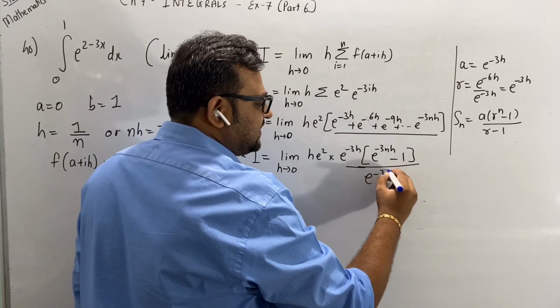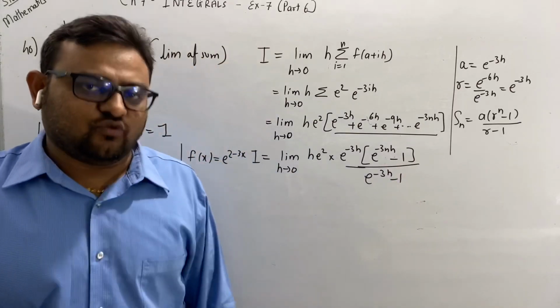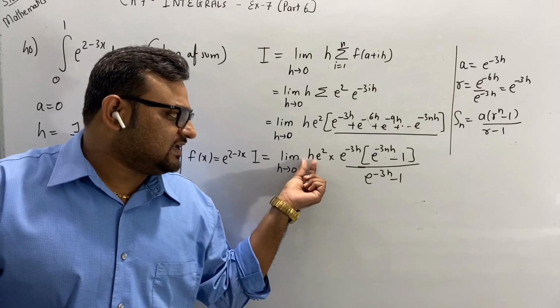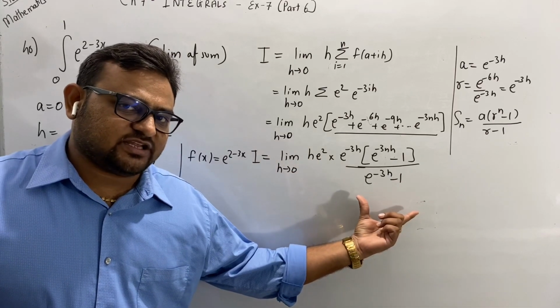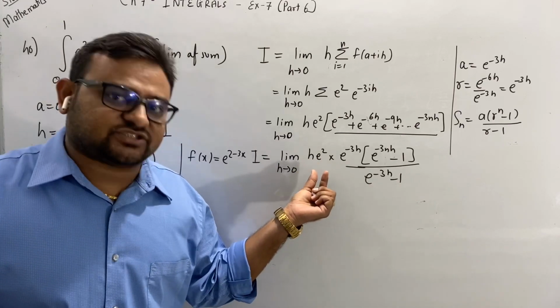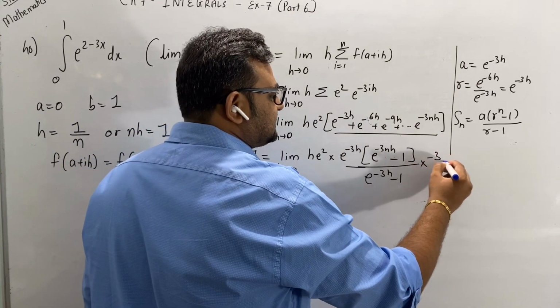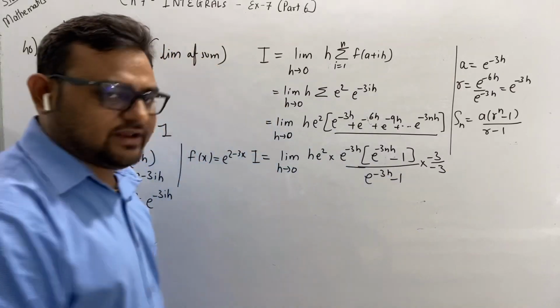So upon e raised to minus 3h minus 1. See, e raised to minus 3h minus 1: if I have here minus 3h, then e raised to minus 3h minus 1 upon minus 3h will be equal to 1. So multiply by minus 3 and divide by minus 3.